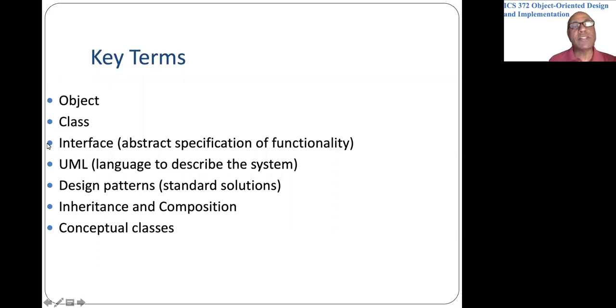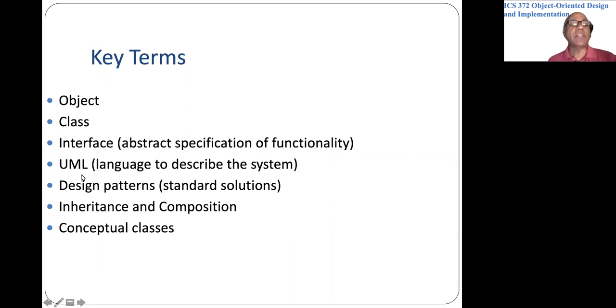So we capture that similarity into a software entity called a class. A class is like a blueprint for an object or a bunch of objects. Interface is like a class without any implementation. It is an abstract specification of functionality. UML is a language for describing a system.